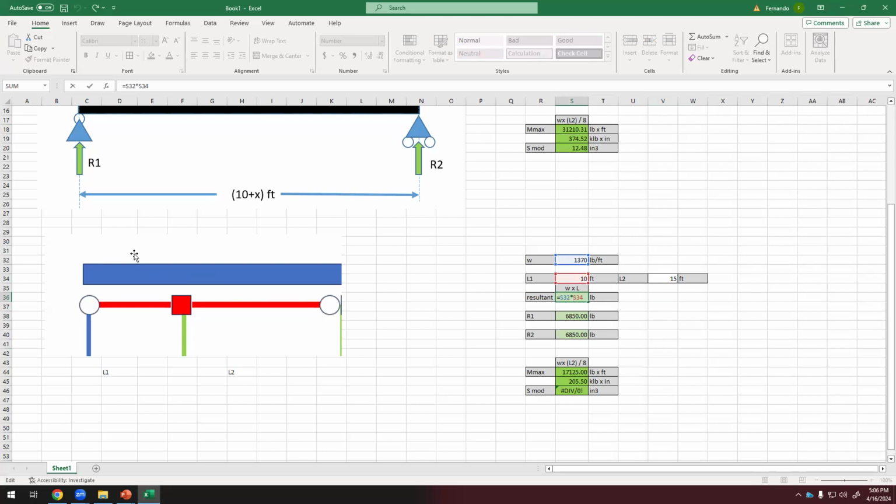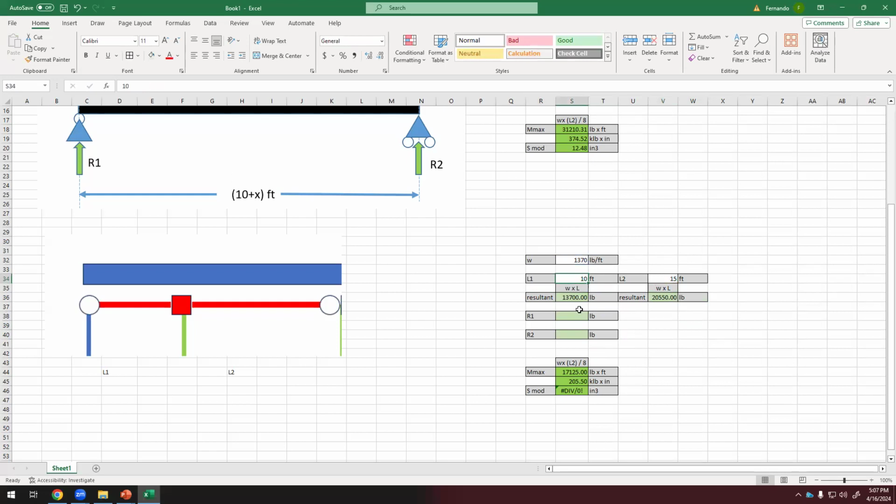But the reactions are going to be different, so I'm going to delete the reaction cells. But the resultant of L2, I can copy this, Control C, Control V, and it doesn't work because that resultant is not this cell, it's the weight W. So I have to drag it here.